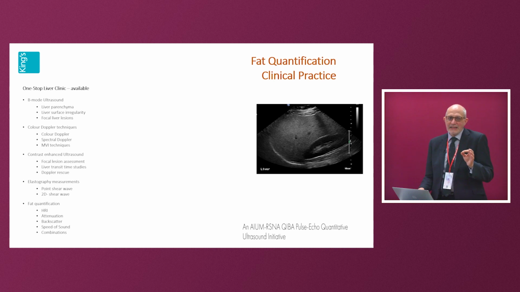You've got contrast-enhanced ultrasound, which you can use to characterize those focal lesions to really quite a high standard. You've got different types of elastography, point shear wave, 2D shear wave elastography, now proven, very useful for looking for fibrosis. And in fat quantification, you've got all of these coming through. Some will fall off by the wayside, but probably a combination of factors with a percentage, and you rapidly do it, you've added to it.